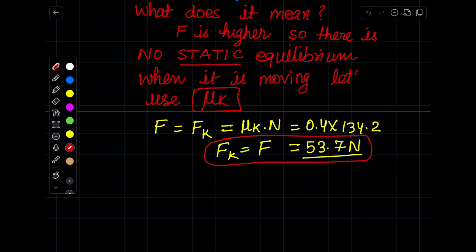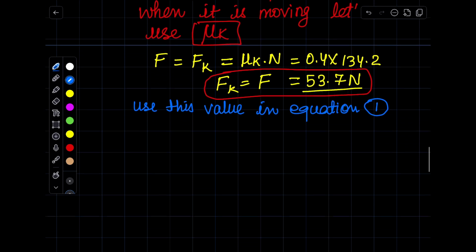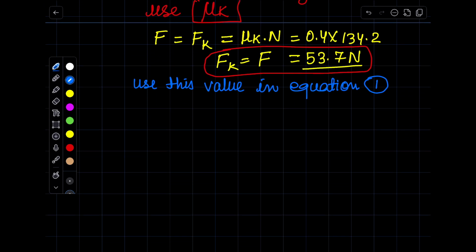Now guys, we will use this value for F in equation 1 and equation 2, but with a slight change. Previously we were assuming in equations 1 and 2 that the block was not moving, it was in static equilibrium.